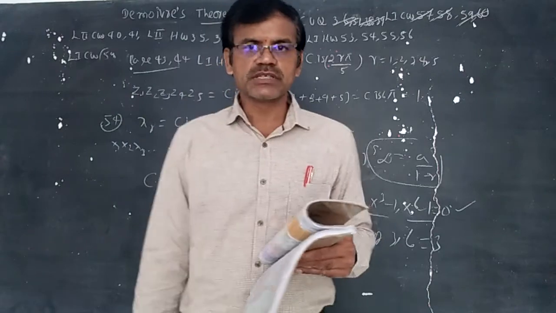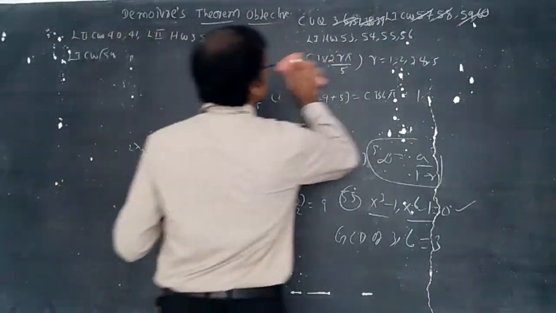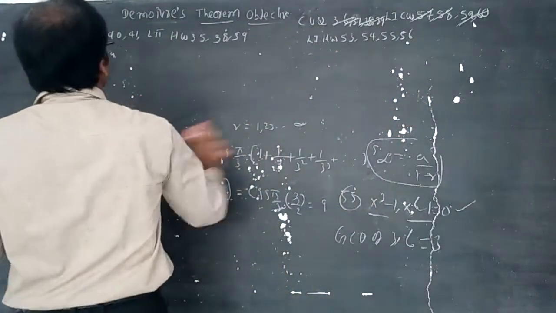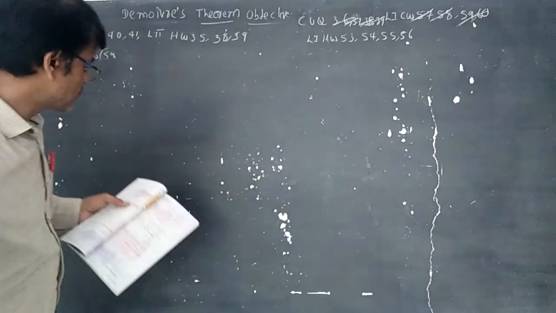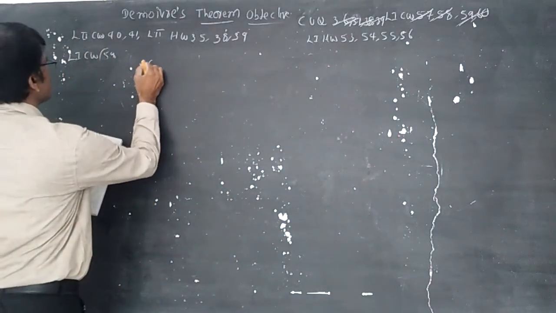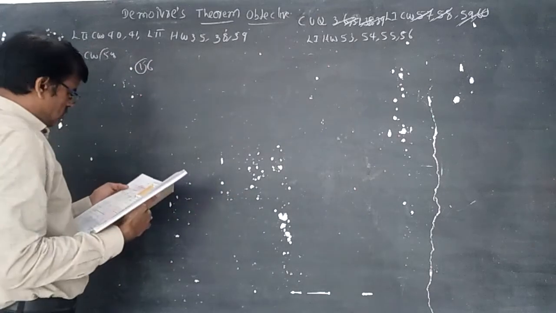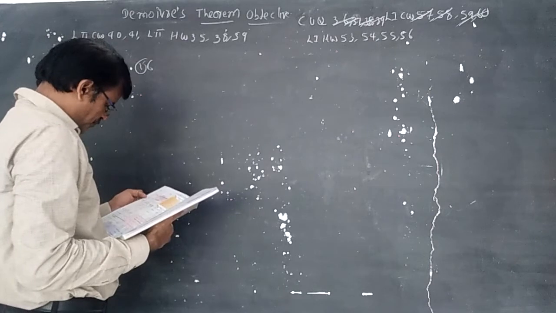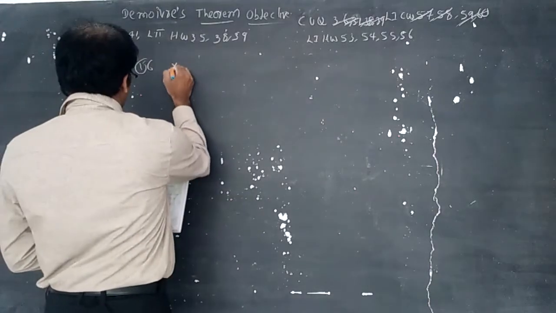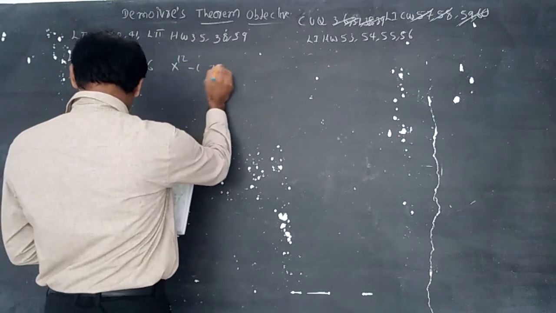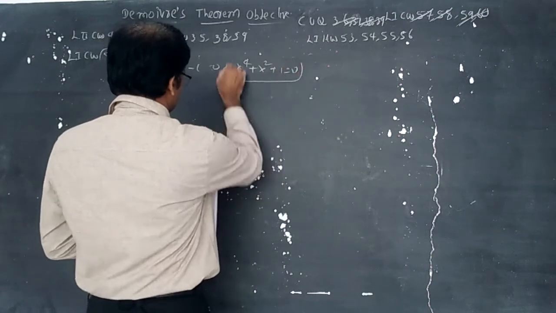Next one, 56th question. The common roots of x power 12 minus 1 equal to 0, comma x power 4 plus x square plus 1 equal to 0.